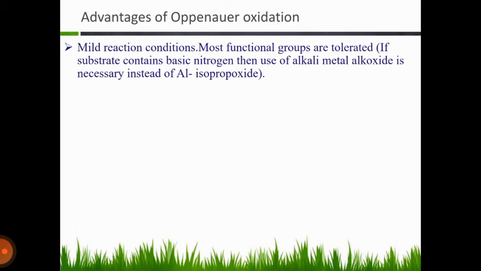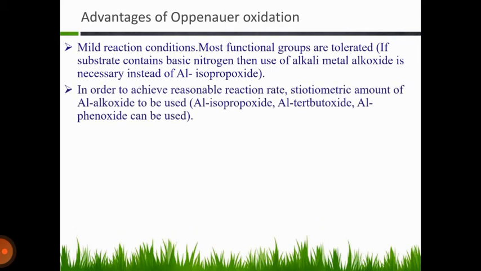Mild reaction conditions, that is one of the very important points. Most functional groups are tolerated. If the substrate contains basic nitrogen, then use of an alkali metal alkoxide is necessary instead of aluminum isopropoxide. So if there is something related to basic character, you have to remove the aluminum and go for some alkali metal alkoxides.